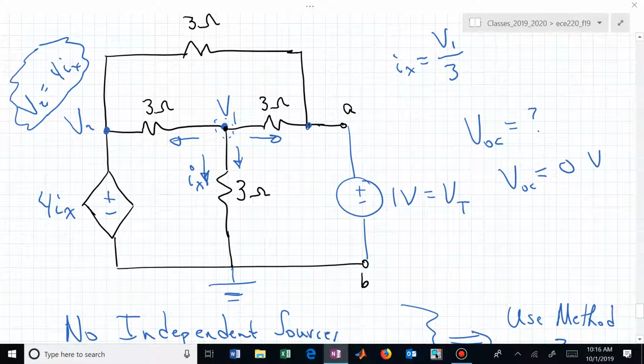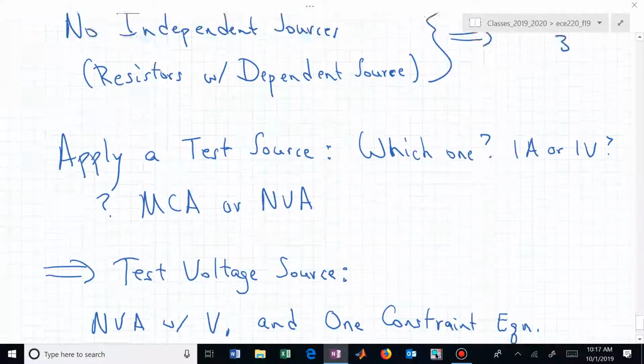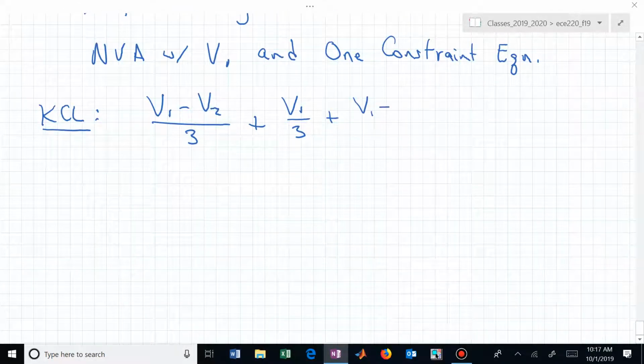The current going to the right is V1 minus where we're going, and where are we going? What's the voltage where we're going? 1, divided by 3. And those sum to 0.